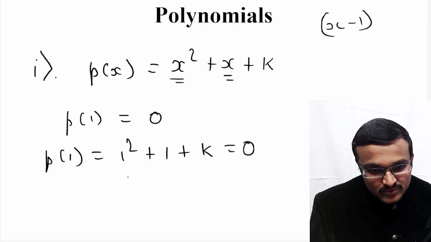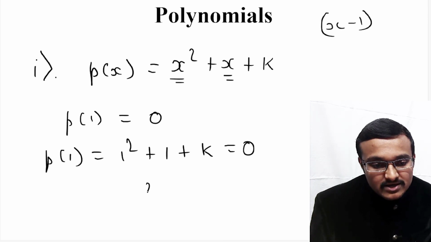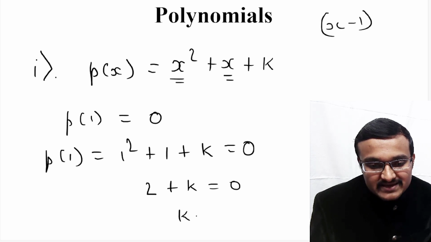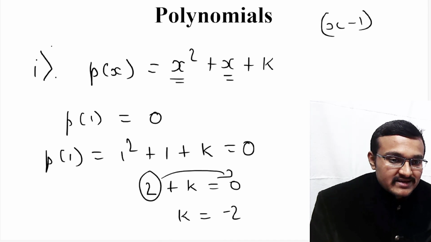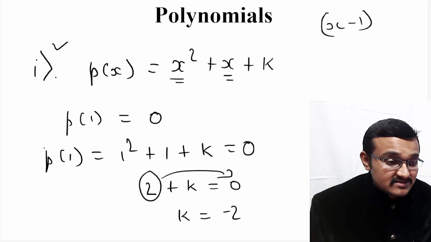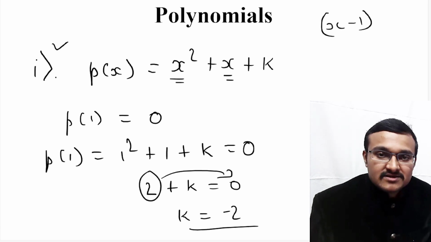So 1 square plus 1 is nothing but 1 plus 1, that is 2, plus k is equal to 0. So k is equal to, when you bring this plus 2 to RHS, it will become minus 2. So k is equal to minus 2. So the value for k in this first question is minus 2.